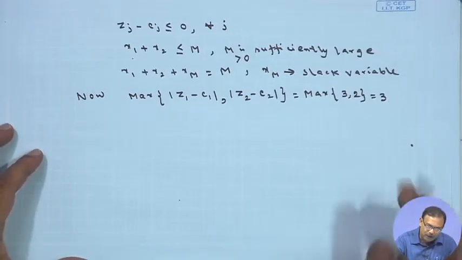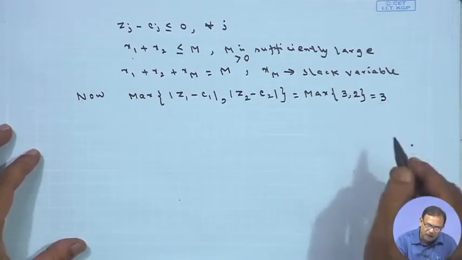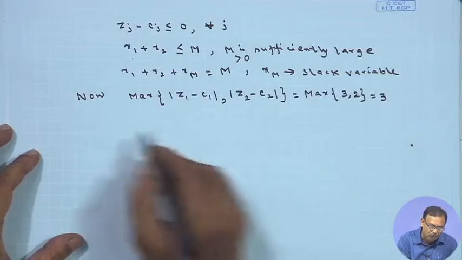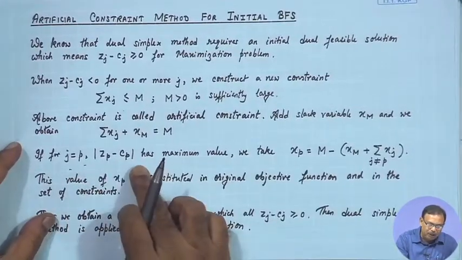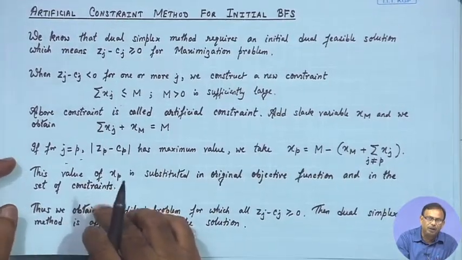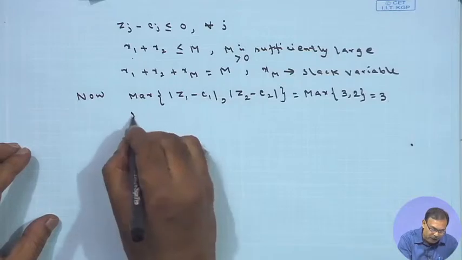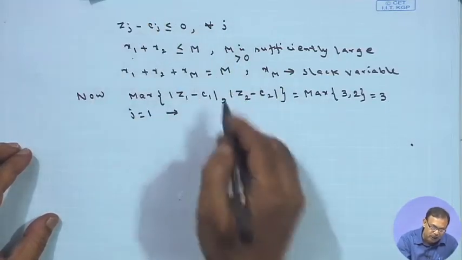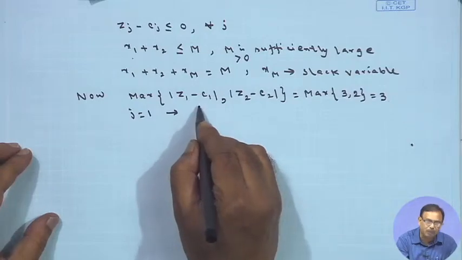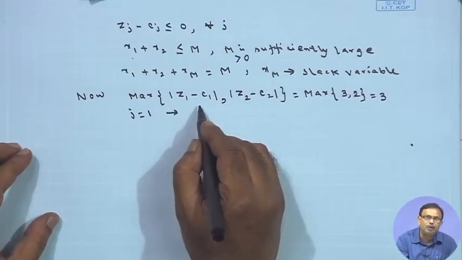And for which variable does this 3 occur? For x 1. So, effectively, for which j equals p is z p minus c p maximum? It is for j equals 1. So, which variable will be replaced?